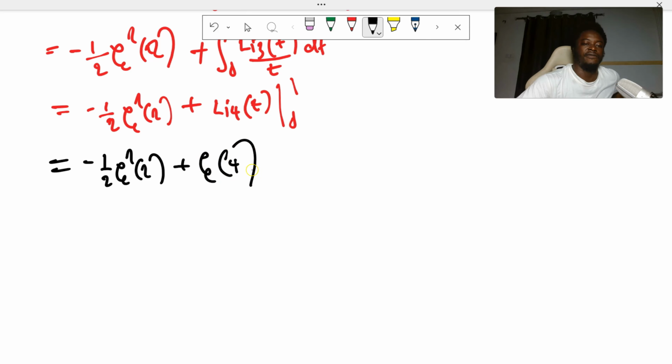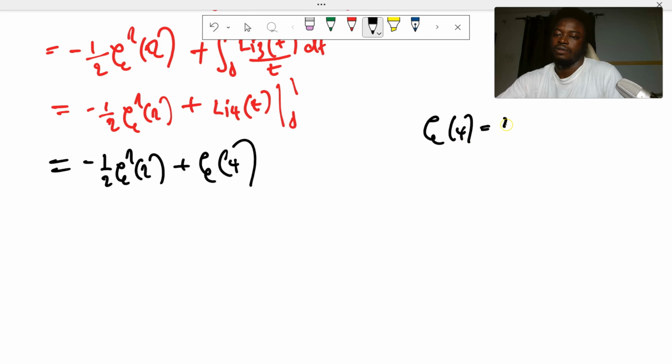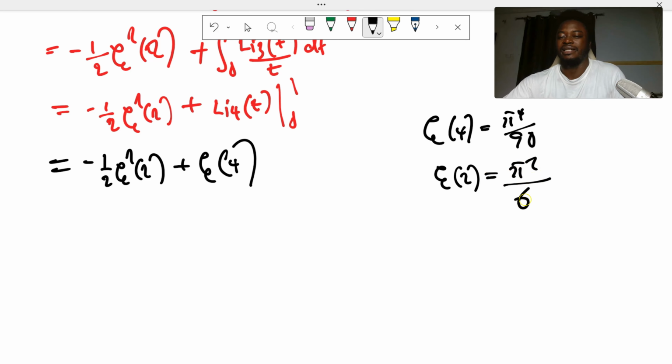Now zeta of 4 is actually going to be half of zeta squared of 2 over 5. I think 2 over 5 here. Let me check. Because zeta of 4 is pi to the 4 over 90, and zeta of 2 is pi squared over 6.